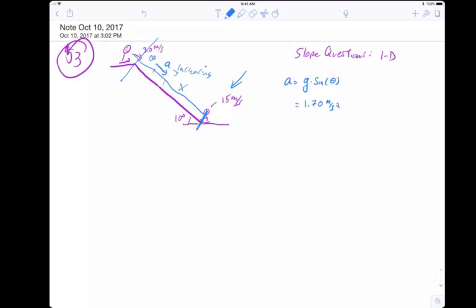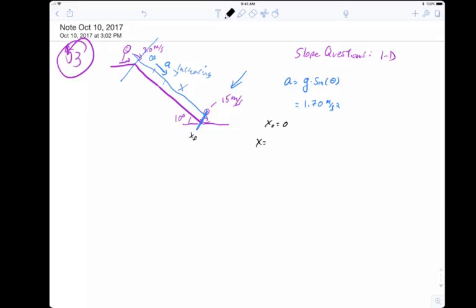Okay, so let's start cracking. We don't know what the final position is. The initial position is 0. So we can write out the constant acceleration equations pertaining to this situation.